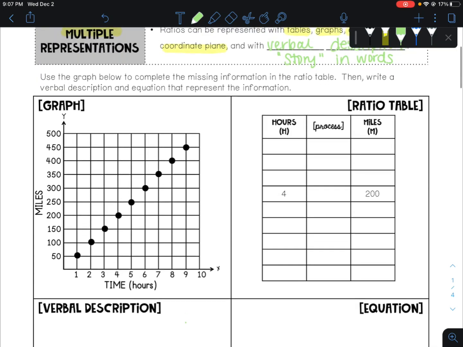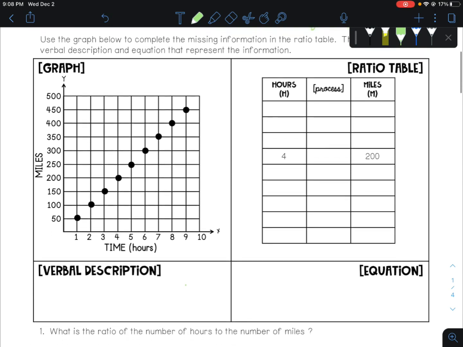Okay, so in our first example, we're going to turn the graph into the table and then use all of that to figure out the verbal description and the equation down below for this whole situation. So I see we have a graph and I can see the points. It's like 1 to 50, 2 to 100, 3 to 150, 4 to 200.